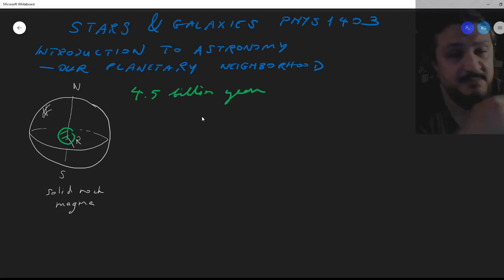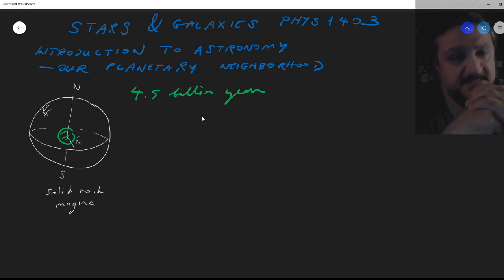The older the better. So the number is around 4.5 billion years, just a little bit younger than the Sun, which is less than 5 billion years old, pretty much. But this is the age of our solar system.